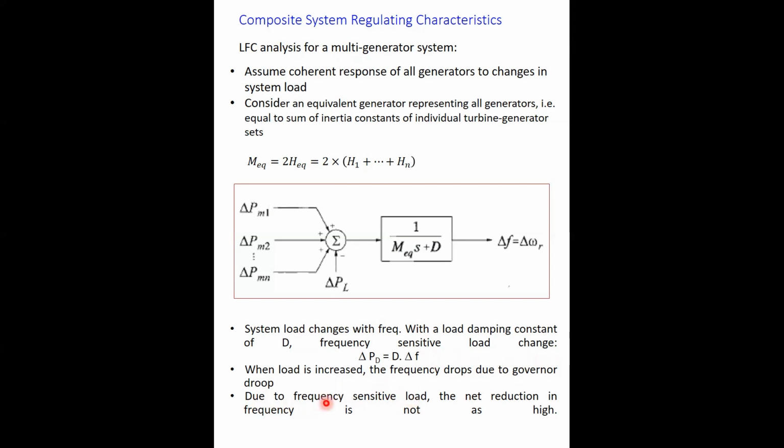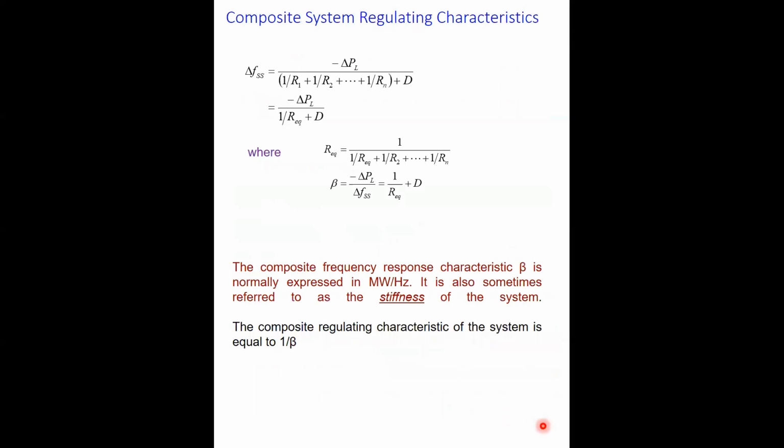we have discussed earlier that because of the frequency sensitive load, the combined impact on the output power generation from the generator, it is slightly reduced. So what you have here, the net reduction in the frequency, however, it will not be as high, and thus the steady state frequency deviation you can write in this way.